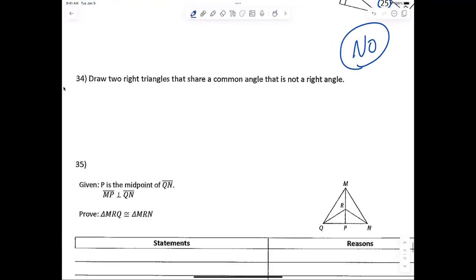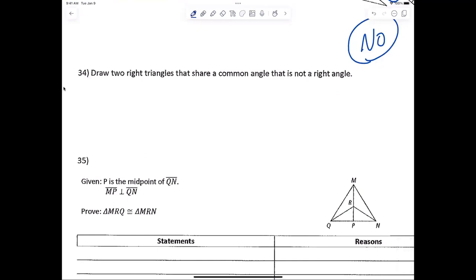Can you draw two right triangles that share a common angle that is not a right angle? Yeah. All right, draw it then. Draw two right triangles that share a common angle that is not the right angle.